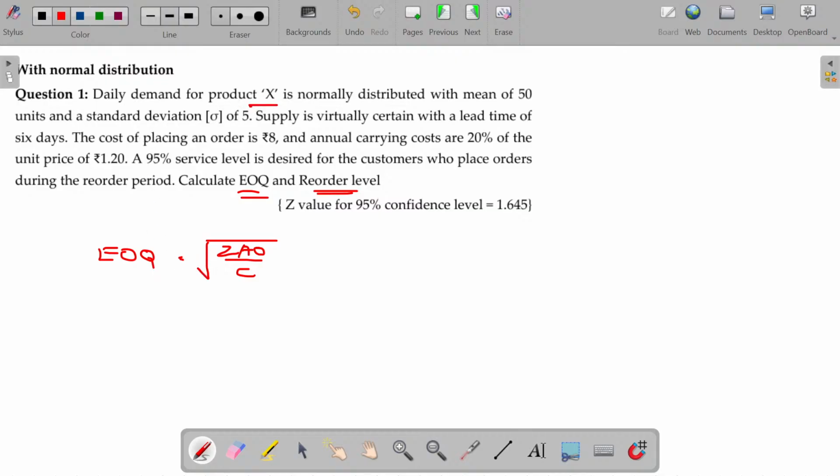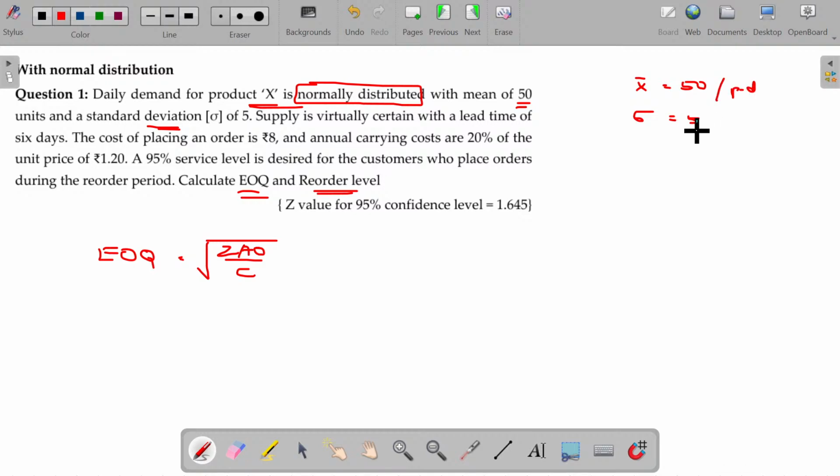Daily demand for the product Z is normally distributed, normal distribution model, with a mean of 50. So mean is nothing but average, X bar, 50. And standard deviation being 5.